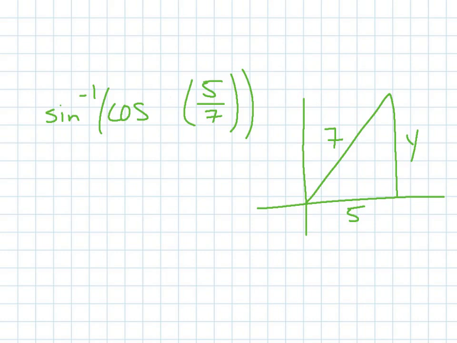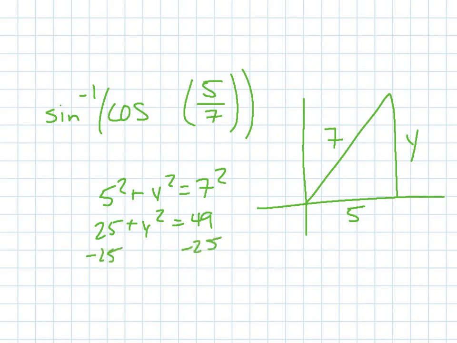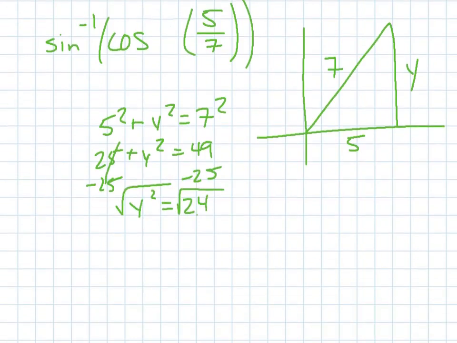You'll need to find your y value. So then 5 squared plus y squared equals 7 squared. And so then if I subtract 25 from both sides, that gives me the square root of 24. I can reduce that a little bit to make it 2 square root of 6.